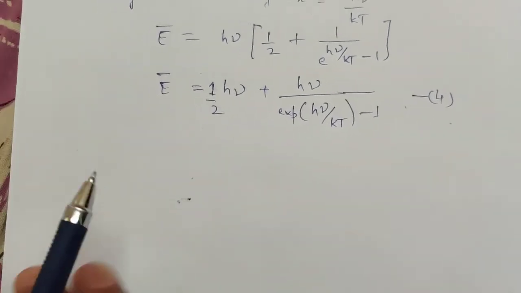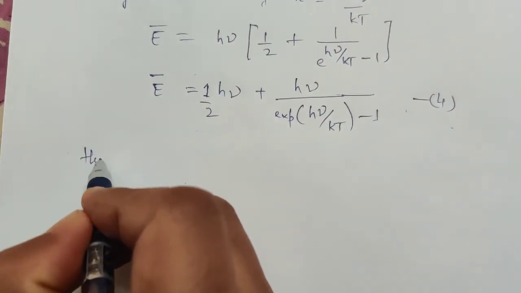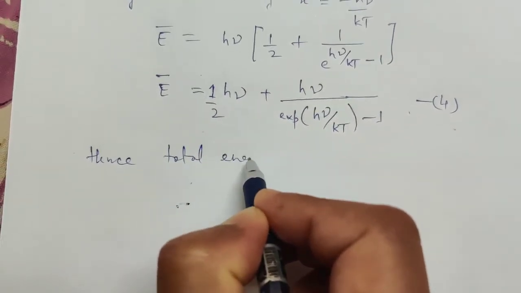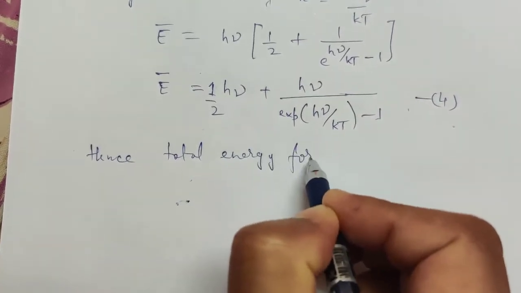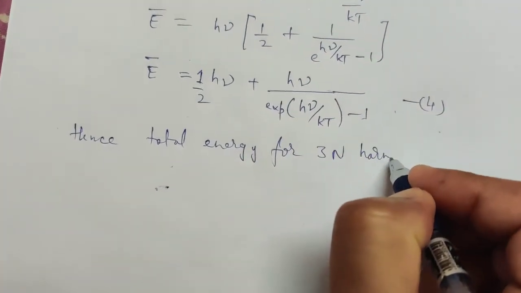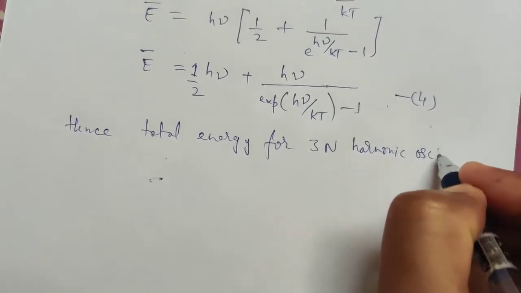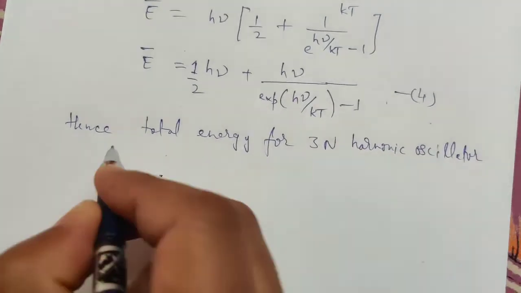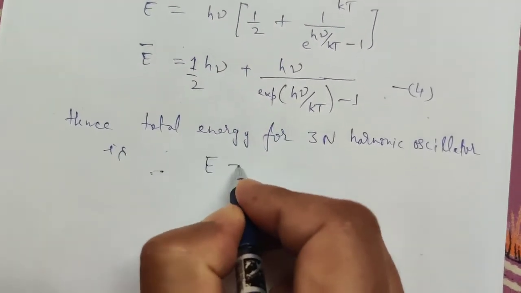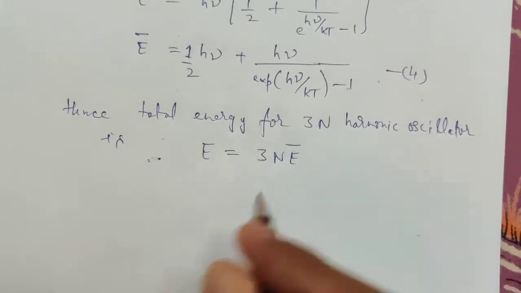So hence the total energy for 3n harmonic oscillators is E equal to 3n E bar.